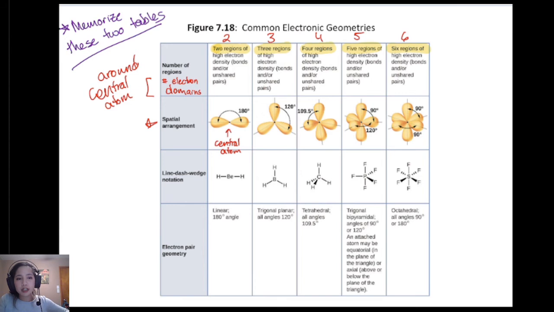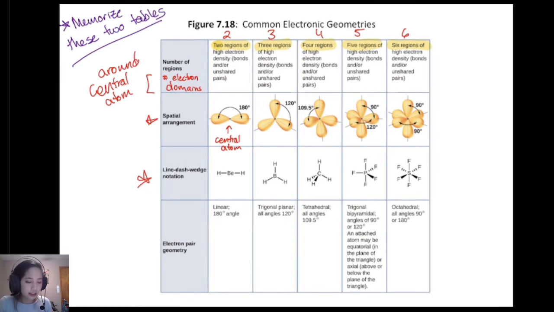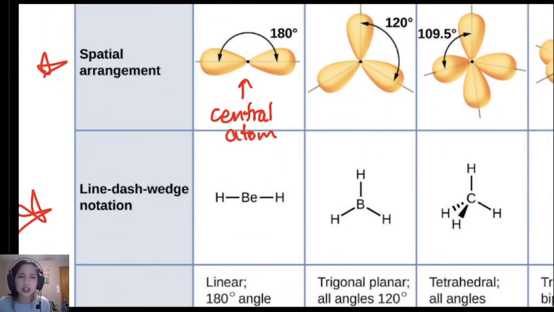With 3 regions, it's flat and it's broken up into thirds. With 4, we have a tetrahedral, 5 a trigonal bipyramid, and 6 an octahedral. We will go into more detail about this. And so here is some line and dash wedge notation of these are just different ways to show you the same shape. So with a linear case, it's pretty easy to write that on paper when it's linear because a line is only in 2 dimensions.